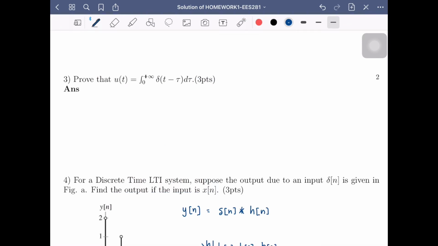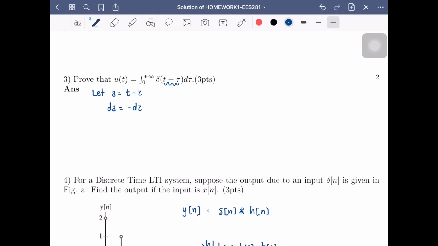The third question, we have to prove this equation. I start with, let a equal to t minus tau, and we got dA equals minus d tau.